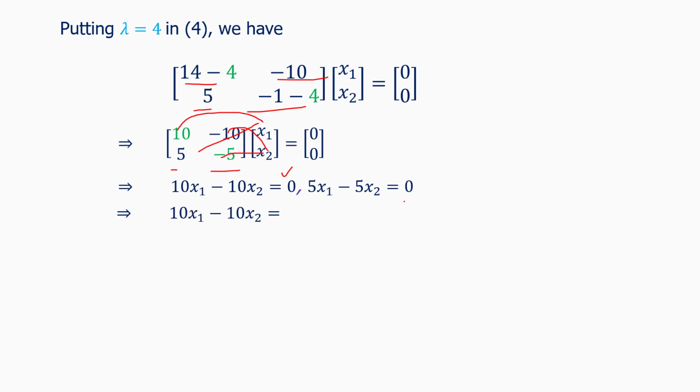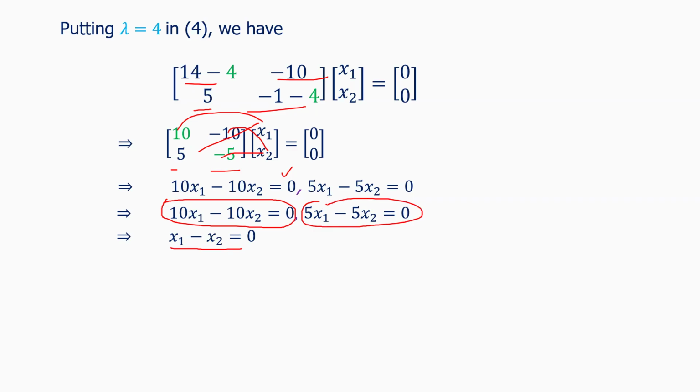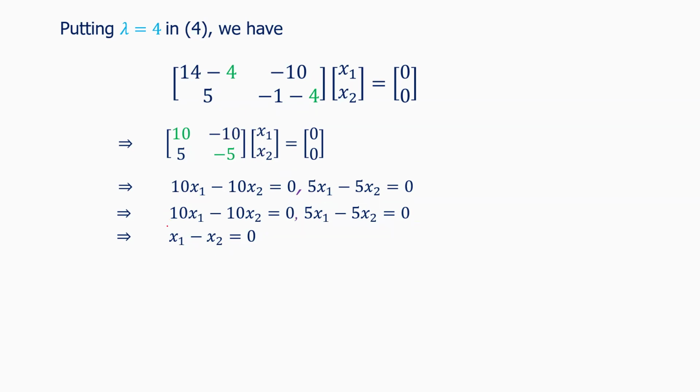Again, we can write it down. If we multiply the first equation by 1/10, we get x1 minus x2 equal to 0. If we multiply the second equation by 1/5, we also get x1 minus x2 equal to 0. Both equations, 10 x1 minus 10 x2 equal to 0 and 5 x1 minus 5 x2 equal to 0, are the same equation: x1 minus x2 equal to 0.